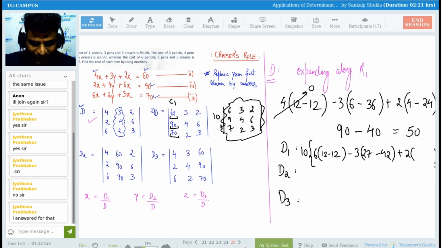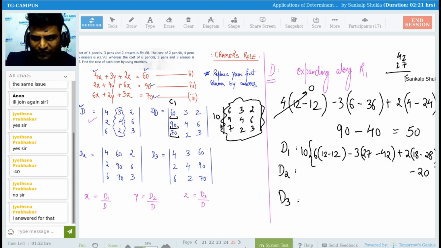It will be 9 2s are 18 minus 7 4s are 28. 18 minus 28 is minus 10. Minus 10 into 2 is minus 20. 27 minus 42 is minus 15. Minus 15 into minus 3 is plus 45. And this is 0. 45 minus 20 is 25. And 25 into 10 is 250. So the value of D1 is 250.